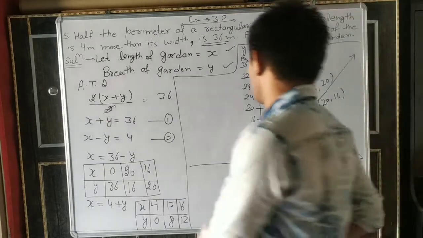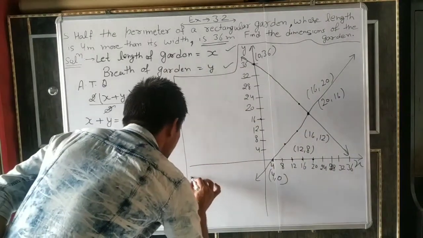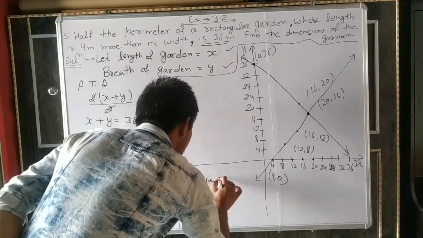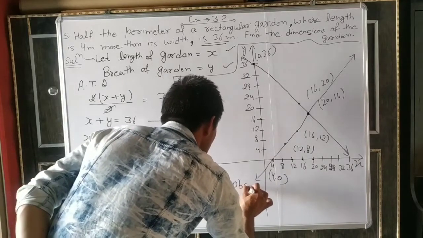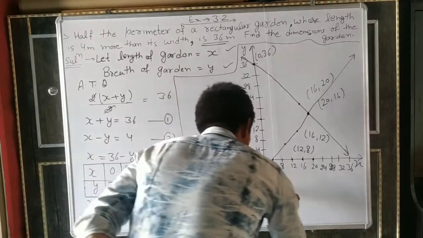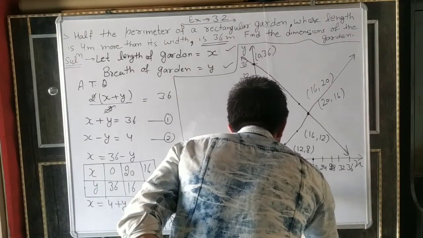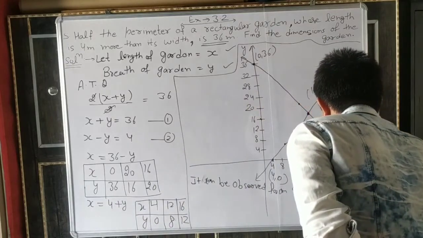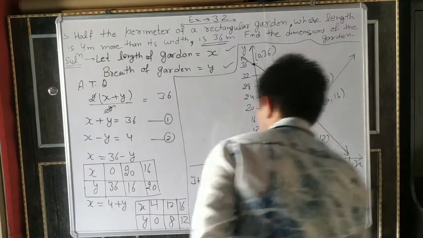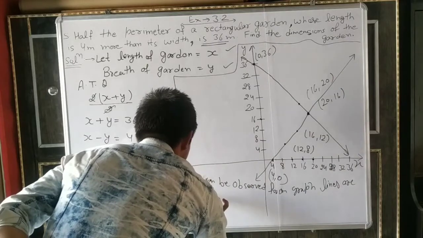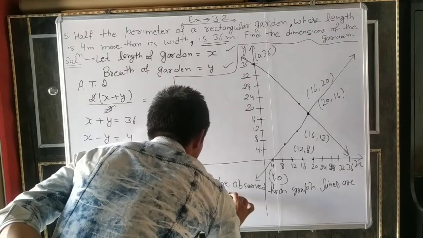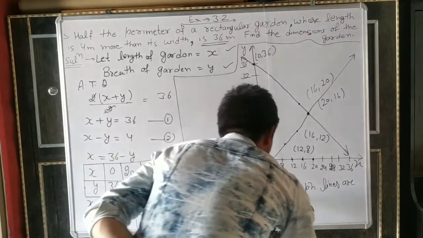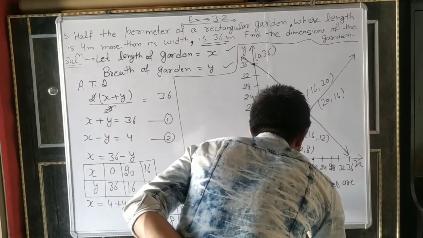So you can write one line: it can be observed from the graph, lines are intersecting at point 20 and 16.